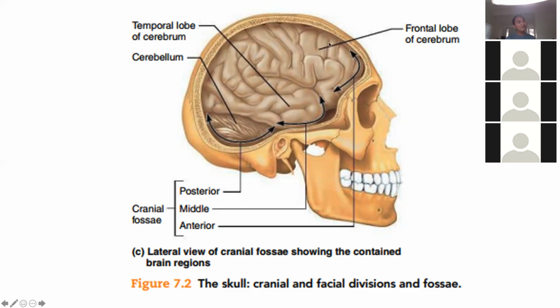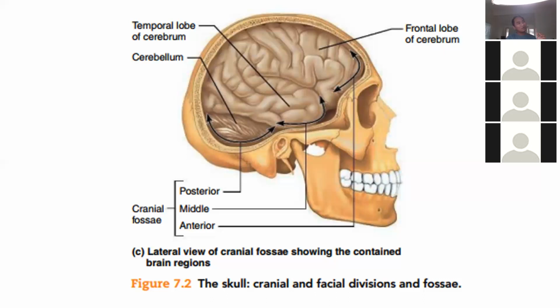So yes, in the frontal bone region, we will have the frontal lobe of the brain. In the occipital bone region, we have the occipital lobe of the brain and cerebellum. And in the parietal bone, we have the parietal lobe of the brain. So the same names we are going to use because we cannot remember any more names.